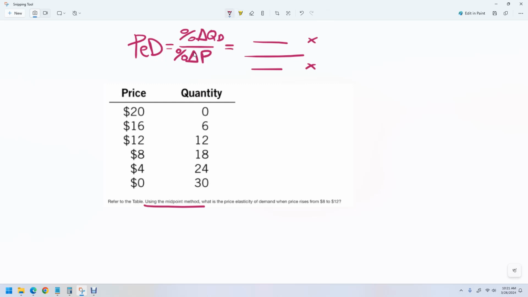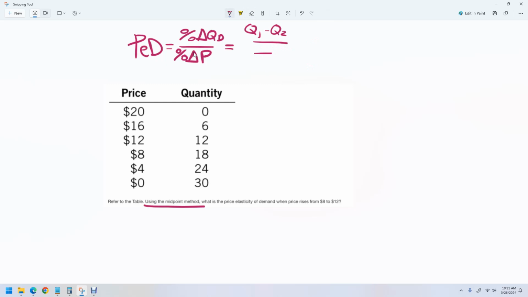No big deal. Okay, so the change in quantity, so we could say quantity 1 minus quantity 2, the difference between those two, over quantity 1 plus quantity 2 divided by 2. We're averaging that. Let me get a little bit more room there.